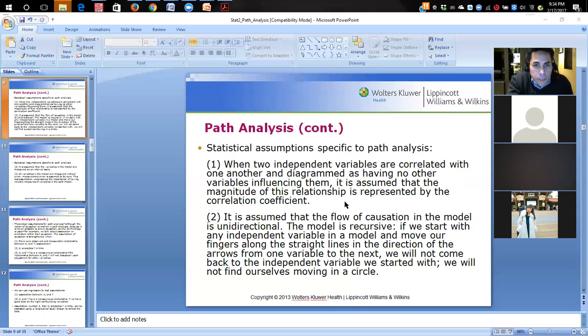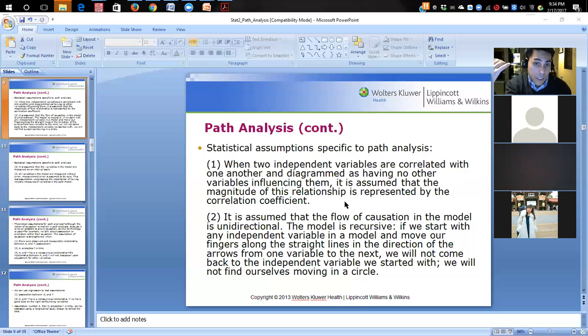And then in path analysis, two independent variables are correlated with one another and diagrammed as having no other variables influencing them. I briefly mentioned that if you have beliefs as an independent variable and education as an independent variable, beliefs has a straight line to exercise, and education has a straight, direct line arrow to exercise.